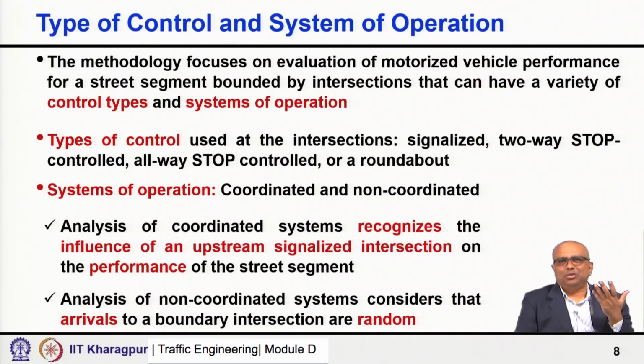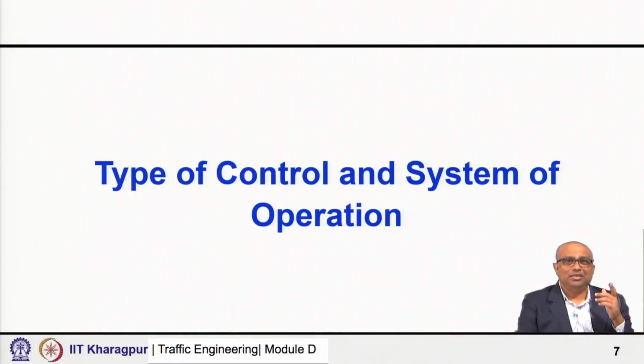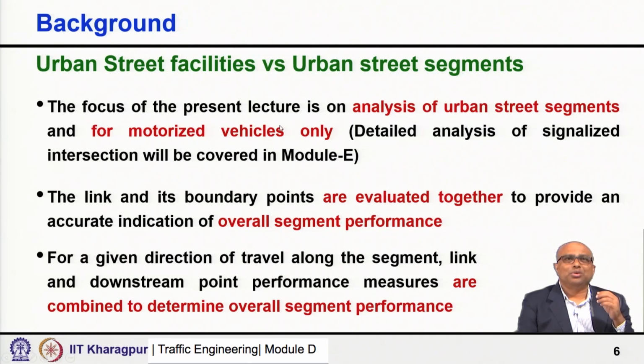When we are talking about the segment, specifically our focus is on segment, and also probably I missed to highlight this part, that also our focus is for motorized vehicles only, because for urban street segments, the LOS could be analyzed for motorized vehicles, for pedestrians, for bicycles, for transits.